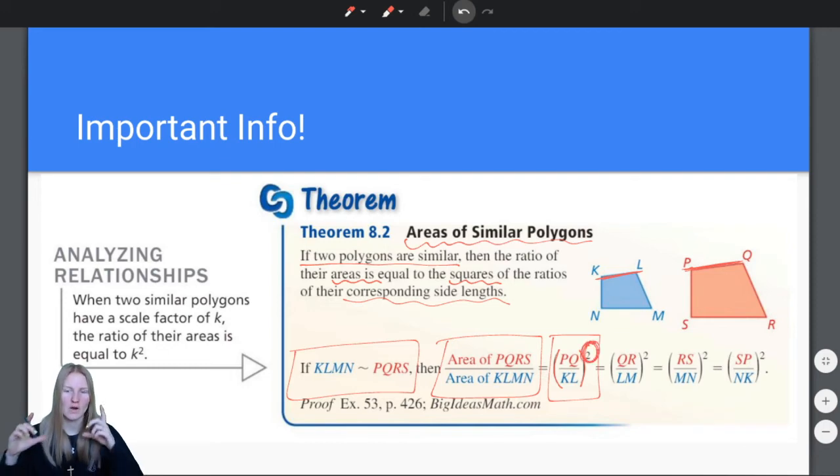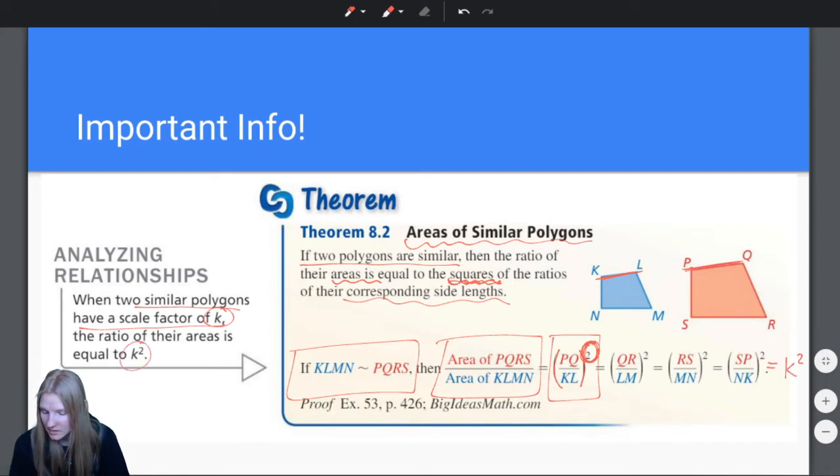We are squaring the ratio of the corresponding side lengths. So when two similar polygons have a scale factor of k, the ratio of their areas is equal to k squared, or the scale factor squared. If you like working with scale factors, you can do that too.